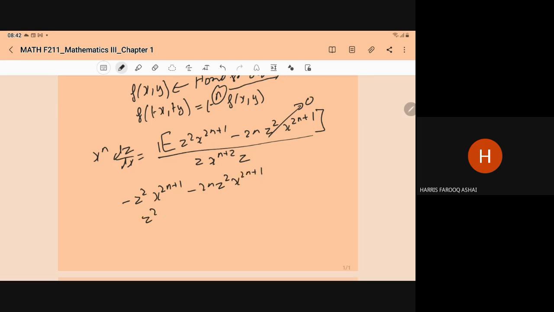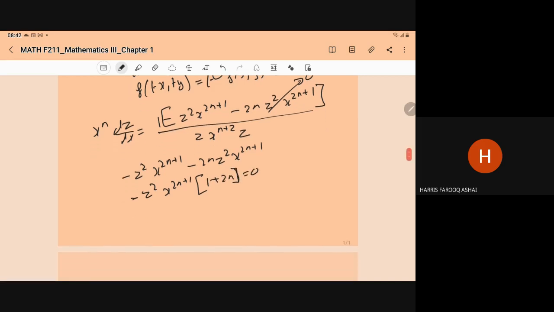So z square x to power 2n plus 1 you take common. Inside we have minus 1 plus 2n is equal to 0. This cannot be 0, so we can have only the possibility of 1 plus 2n is equal to 0. So it will give you n is equal to minus half.